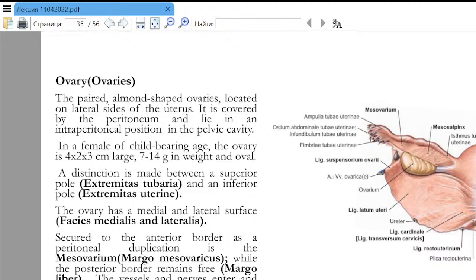And this is, you see, the medial surface. Extremitas ovarica, extremitas tubaria, extremitas uterina, and margo liber, margo mesovaricus, hilum of the ovary.